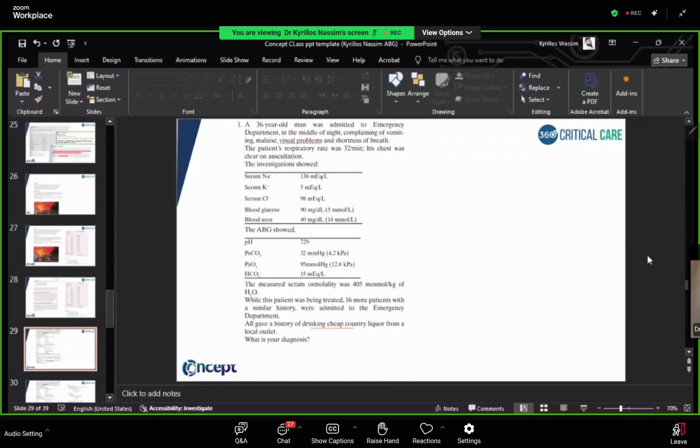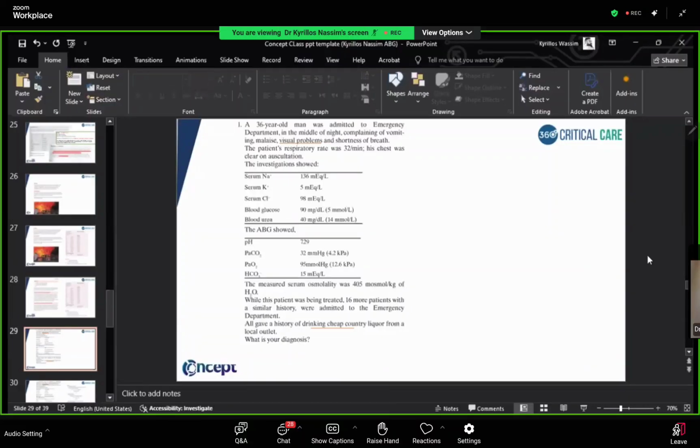And I told you before, if they give you a measured serum osmolarity, you must calculate the osmolar gap. While the patient was being treated, 16 more patients with a similar history were admitted to the ER. All gave the same history of drinking cheap country liquor from a local outlet. What will be your diagnosis?